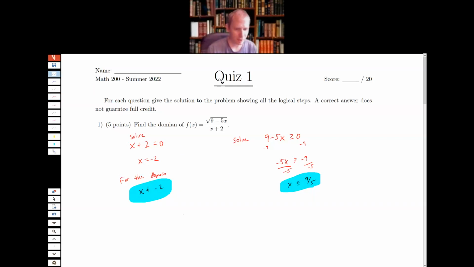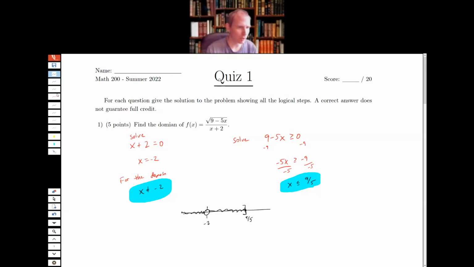If I think of this as being on a number line, if here is 9/5, I want things smaller than that, except when I hit negative 2, I don't want to include that number. So this is what it would look like on a number line.